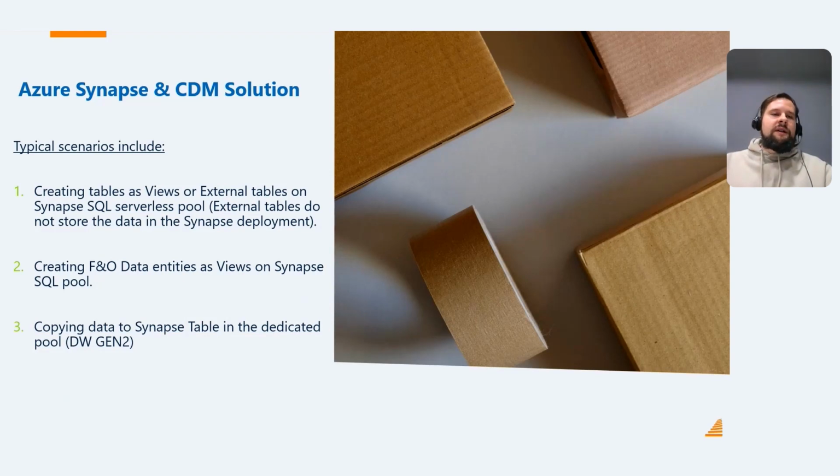So typical scenarios that we have with Azure Synapse, usually we have one of these three scenarios. Now, there can be more, but typically you'll have one of these three. First one, it means that you can create views or external tables on a serverless pool. So serverless pool, again, it means there's no dedicated SQL.